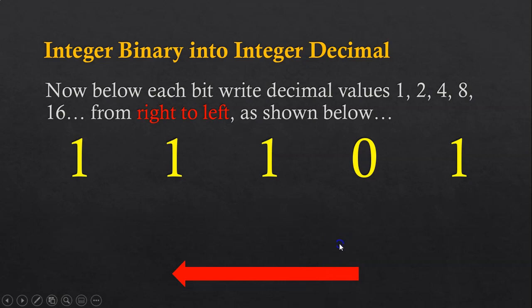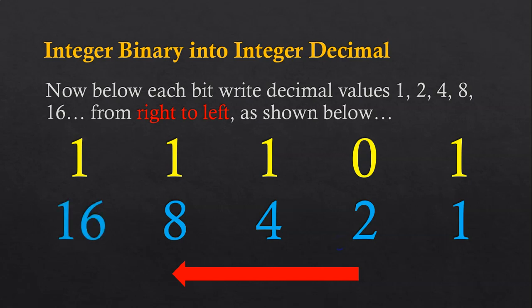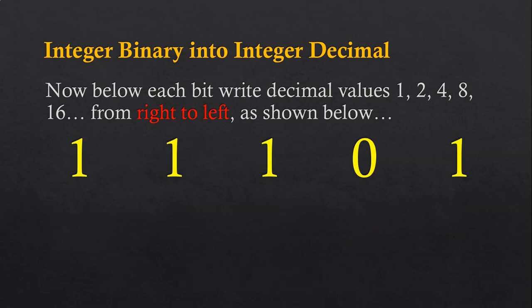First write 1 below the LSB, then write 2 below the second LSB, then write 4 below the third LSB, then 8, then 16. Okay, so you got the idea.